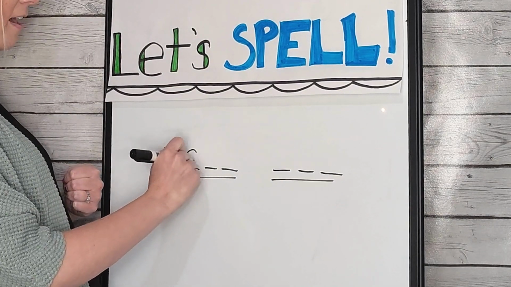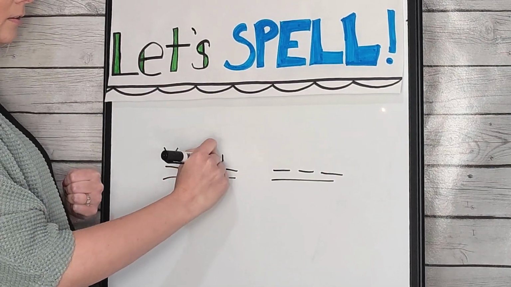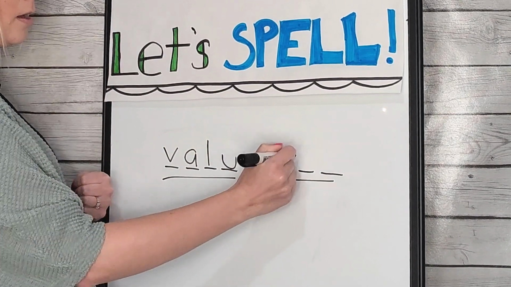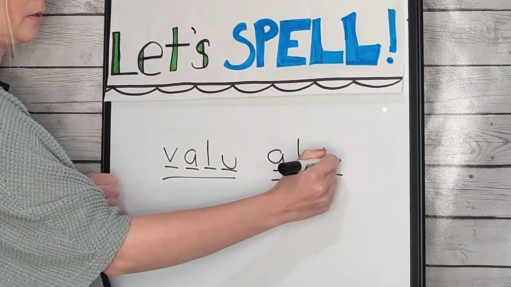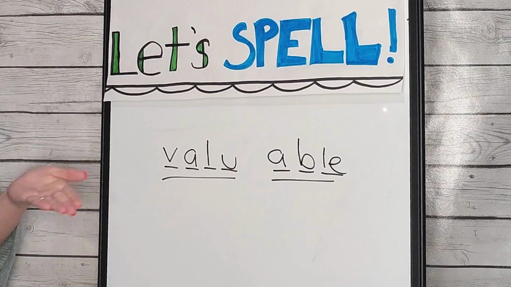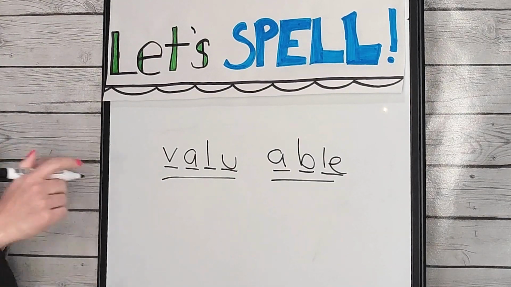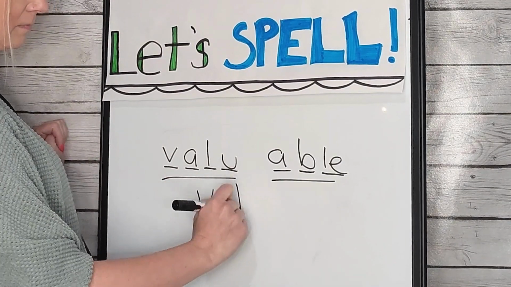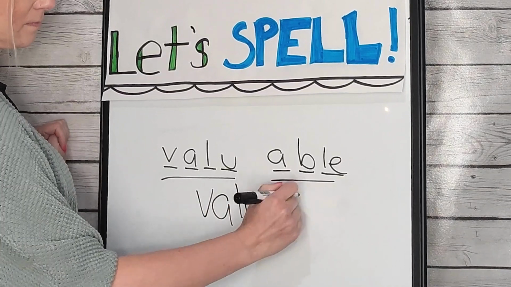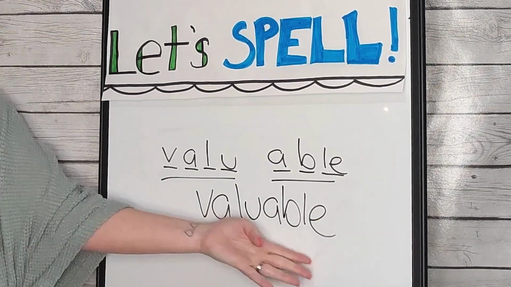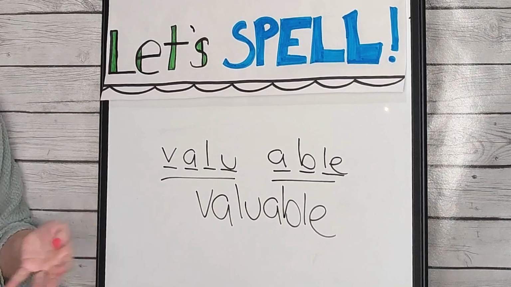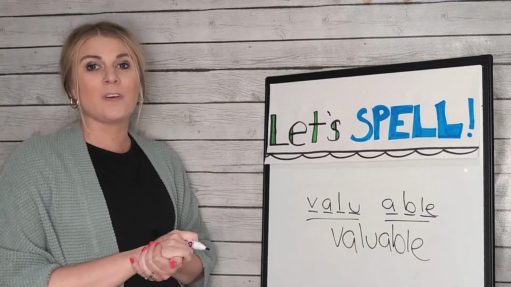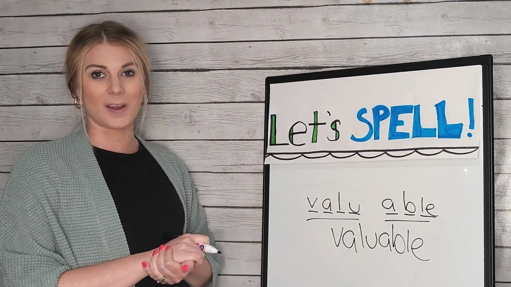V, a, o, u, a, b, o. Let's put both of these word parts together to build our word. Valuable, something that's able to be valued. My most valuable possession is my grandmother's ring.